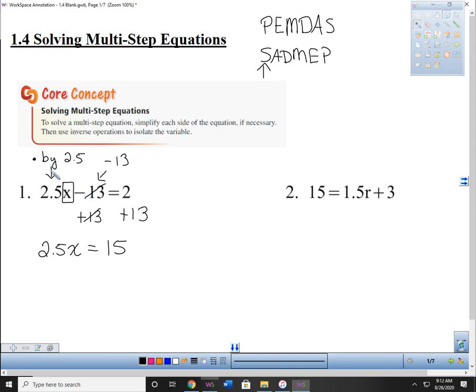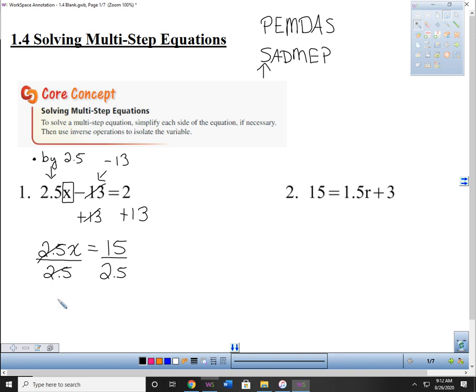Now I have to undo the multiplication by dividing. And make sure that when you undo multiplication and division, you don't change the sign. Okay, that was a big problem in the last lesson. You only change the sign when you're doing addition and subtraction. If you're dividing, use the number that's up there.